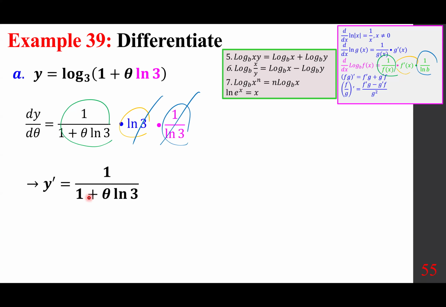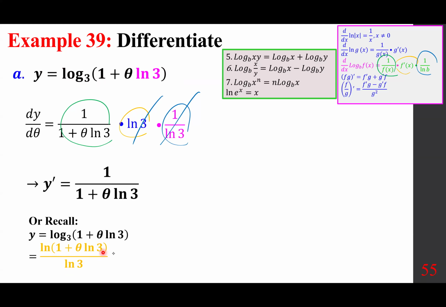That's the final answer, everybody. And again, I want to remind you, if you ever forget about this concept, remember by definition, by the change of base formula, this original expression, log base 3 of 1 plus theta ln 3, is the same as ln of 1 plus theta ln 3 over ln 3.